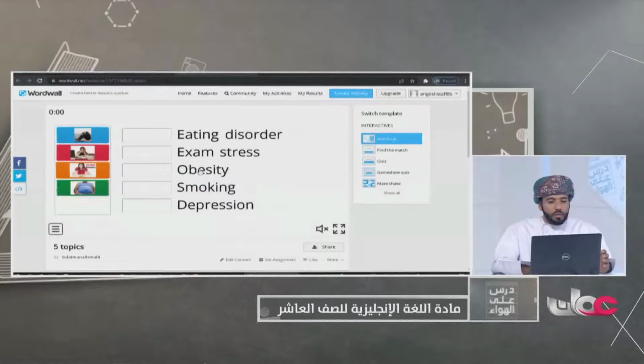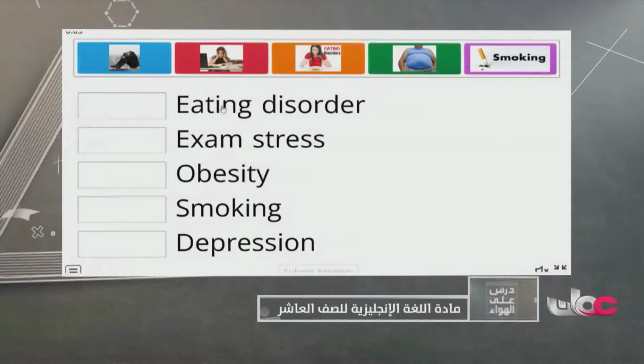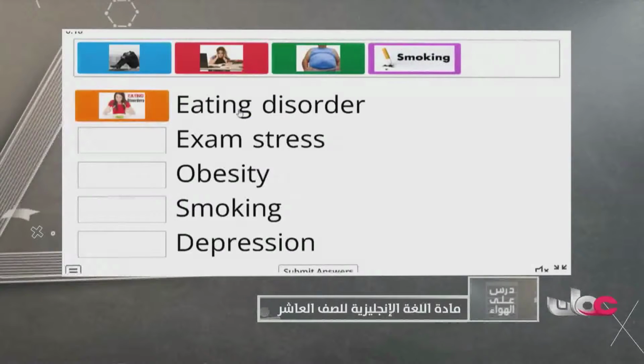Okay, so please look at these pictures and these problems. Which picture shows eating disorder? Look at this lady. She has an eating disorder. She doesn't know what to eat, and sometimes she doesn't eat well.